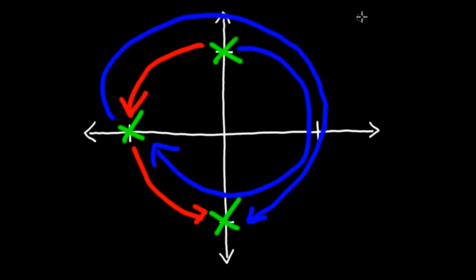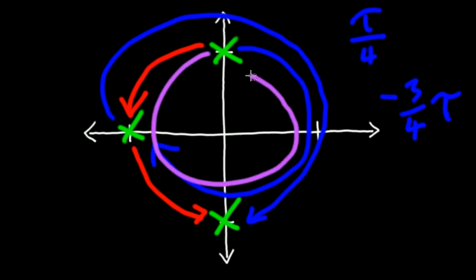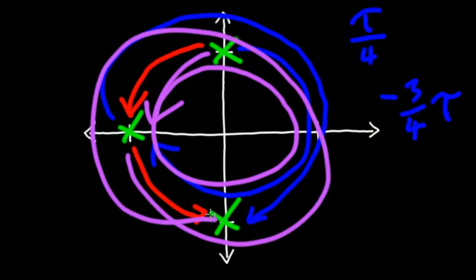So the frequency could be thought of as tau over 4, or it could be thought of as negative 3/4 tau. But guess what? It could have gone even further. What if this went, in fact, in the positive direction, one time around and a quarter? And then from here it went one time around and a quarter. Oh, guess what? This could actually be 5/4 tau.